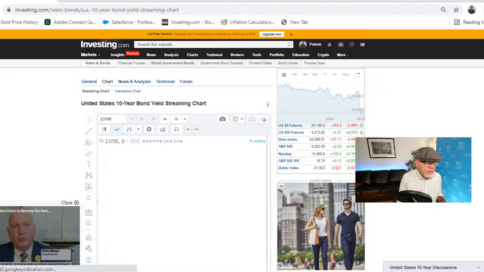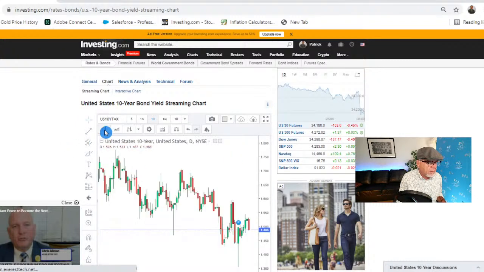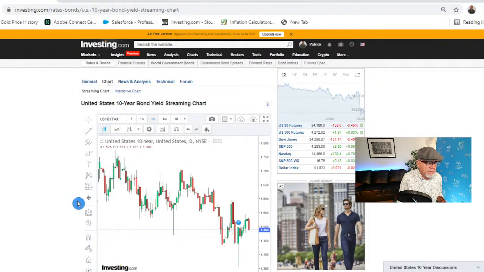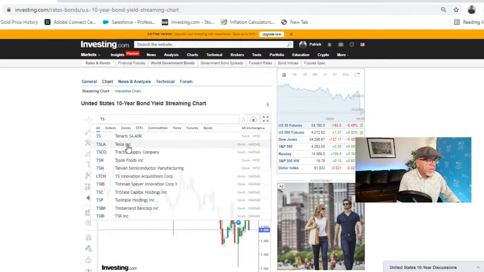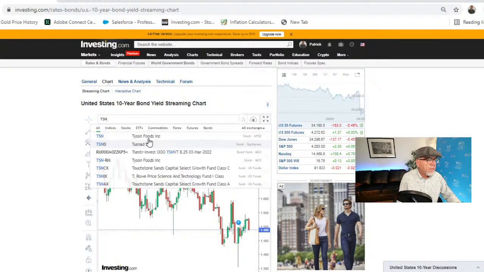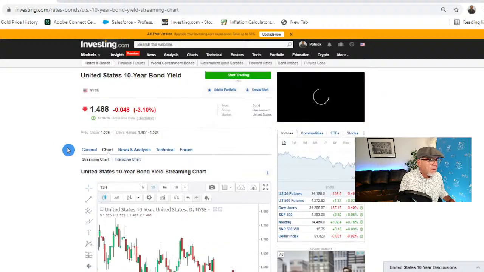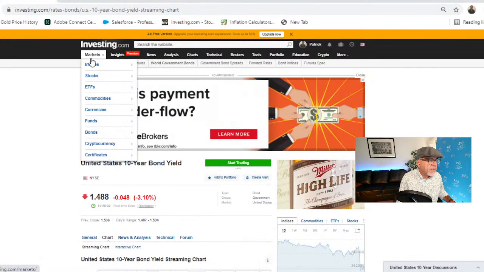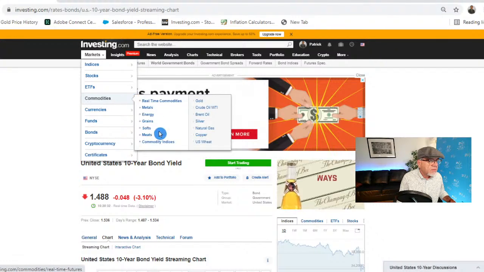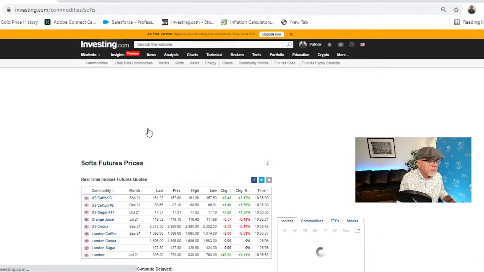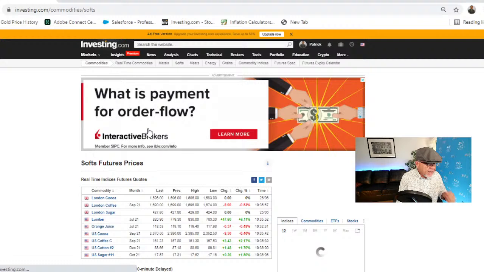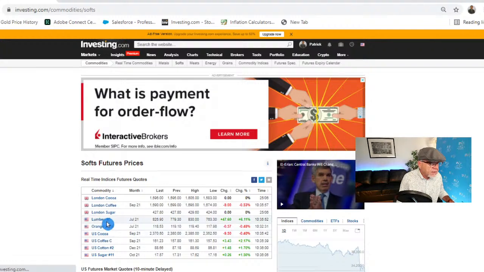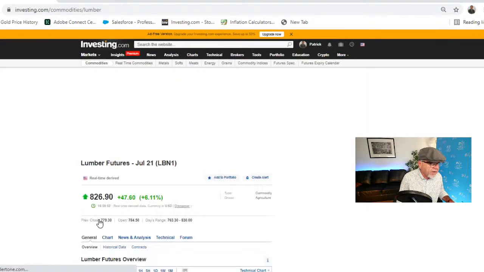The other economic indicator is lumber. It's pretty much collapsed, around 790 or 750, I believe, the last time I saw it. It's up a little bit, but we saw a low of 763.